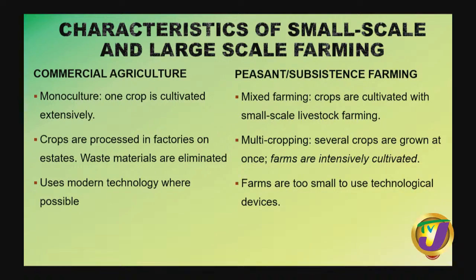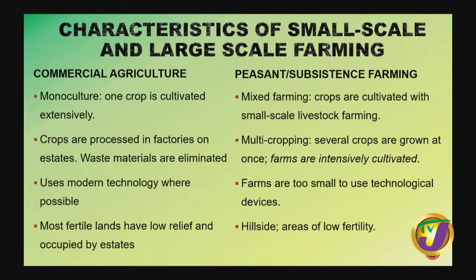The plots are too small and the lands are very infertile, so they will not accommodate technological use. Commercial farms have fertile lands where the depth is adequate for cultivation, as opposed to peasant farming where there is low fertility on the hillside.